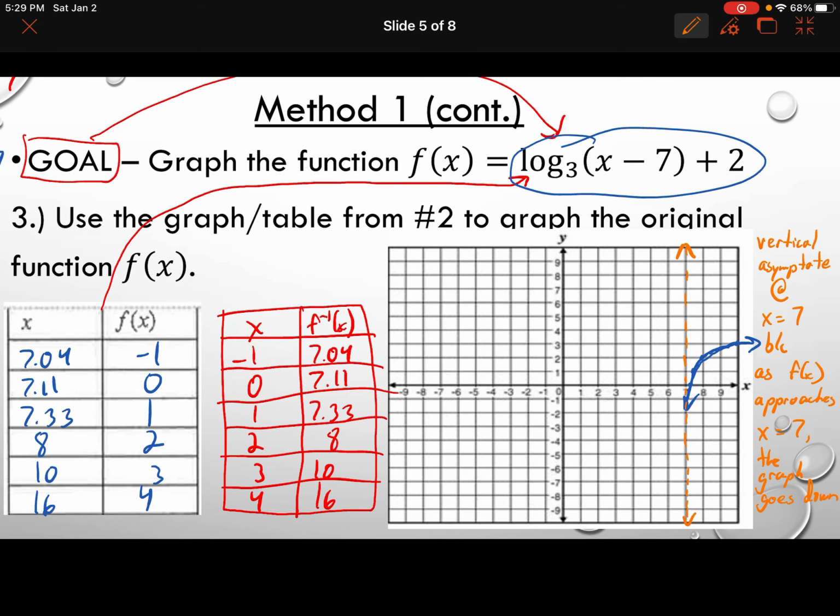Okay, so as f of x approaches x equals 7, the graph goes down forever, or goes to negative infinity, right?